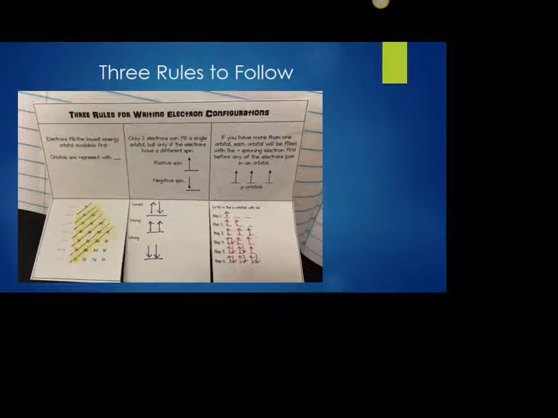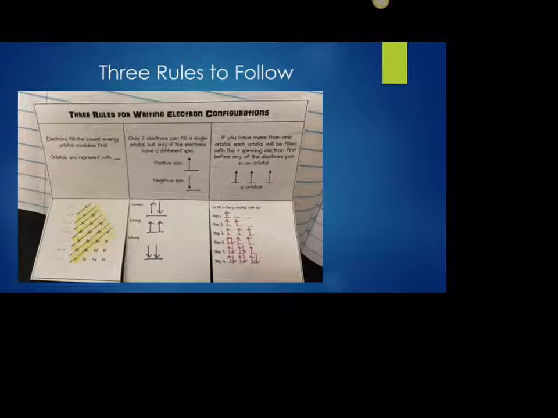It looks very similar to this. Highlight the little lines on there, yellow. We'll use this chart because it tells us the order the electrons fill in, keeping them going into their lowest energy orbital that's available first.